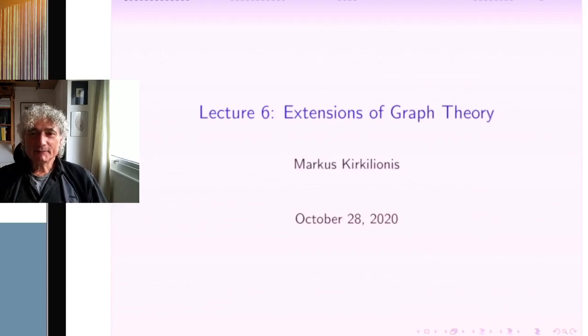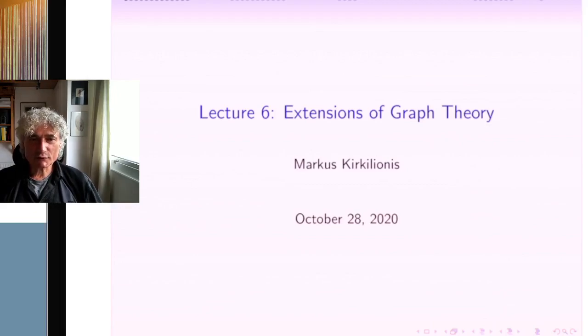Hello and welcome to lecture 6, which is called Extensions of Graph Theory. It could also be called extensions to network theory. Network theory is what complex systems scientists usually call the statistical variant of graph theory, where you look at very large graphs.